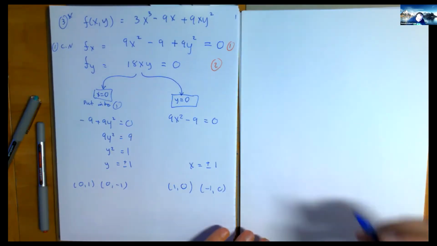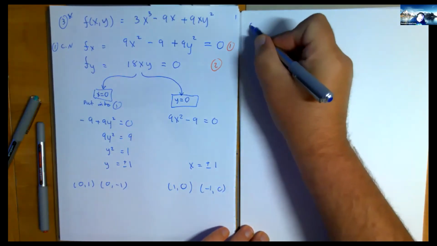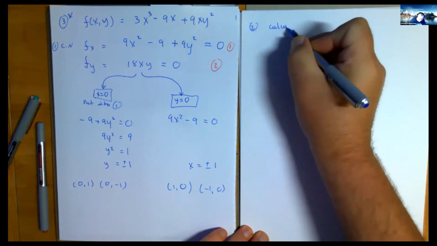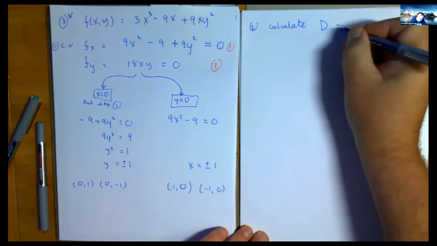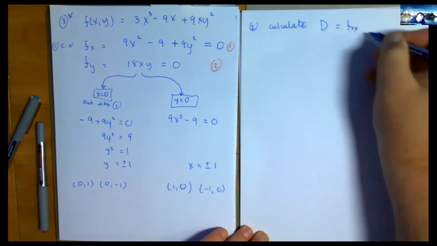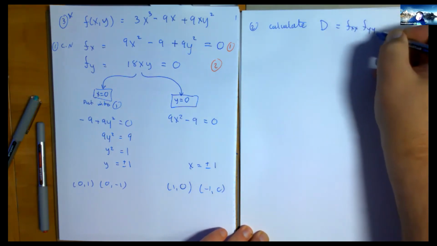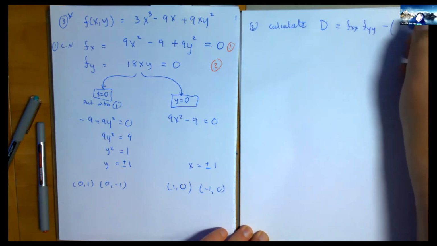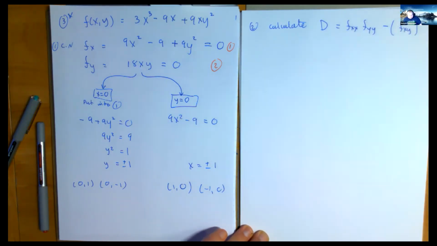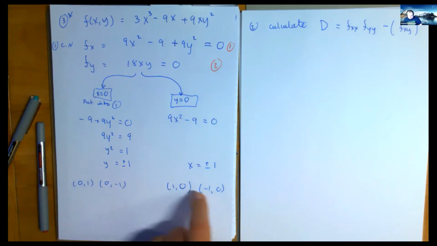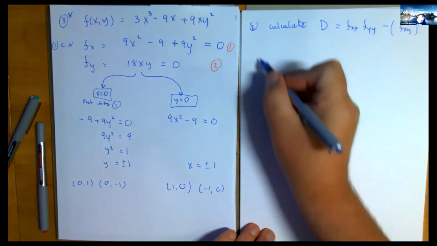Now, for phase 2, we're going to calculate D. D is the second derivative with x times the second derivative with y, take away the second partial derivative of xy squared. It's just a piece of magic, but that's the guy that's going to tell us what kind of thing is happening here. So I need to do some stuff.